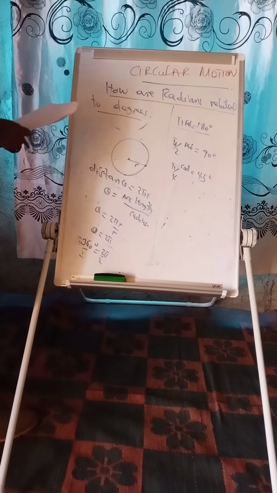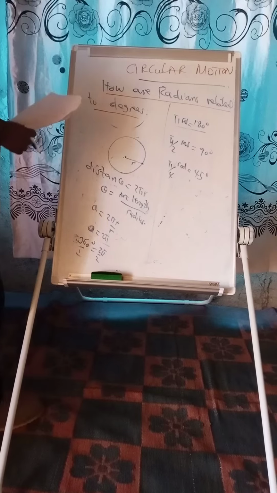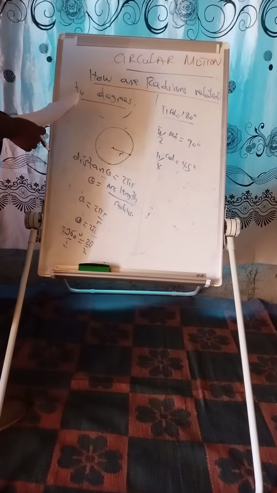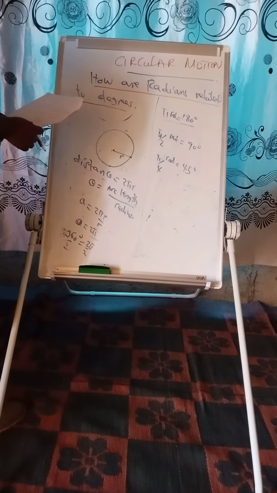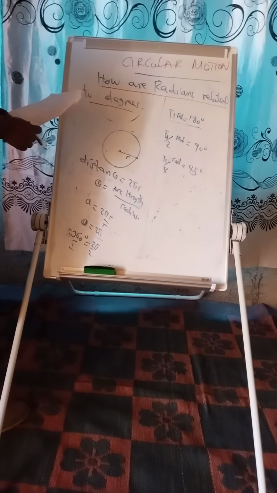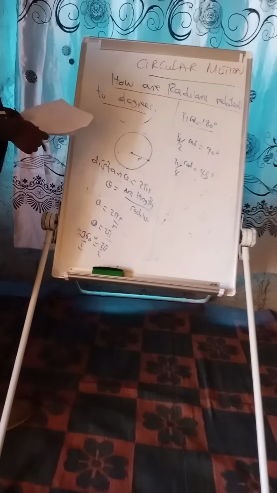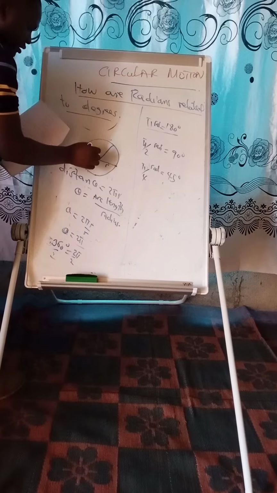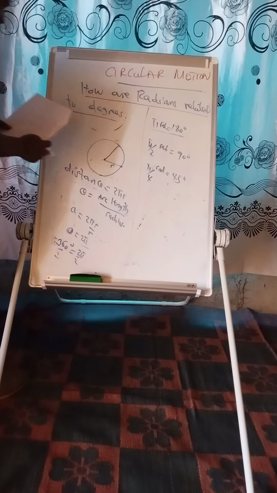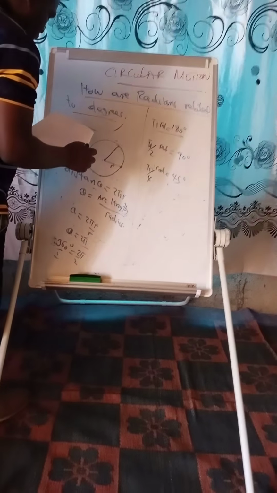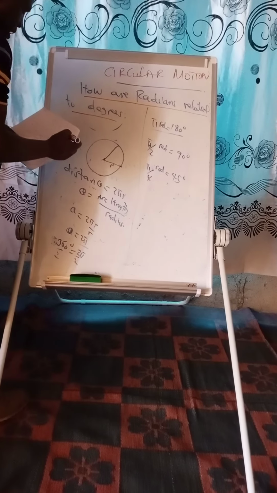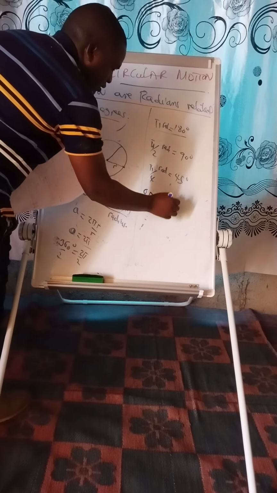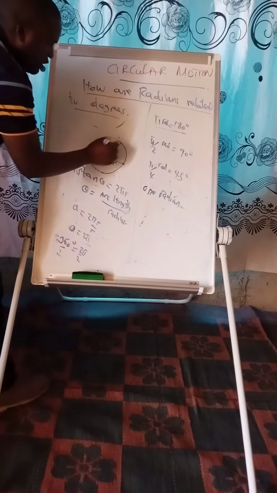and so on. So 1 radian is an angle subtended at the center of a circle by an arc of length equal to the radius of the circle. Let us define 1 radian.